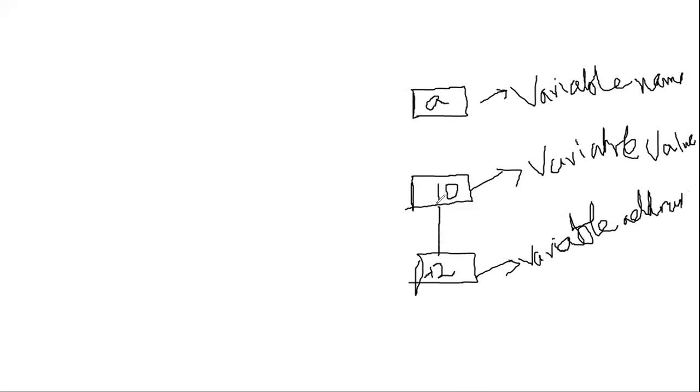In this address, the value can be stored, and the value is named A. So this is the variable address, this is the variable value, and this one is the variable name. In this way, inside the internal memory, the variable representation is like this. This is the variable representation for a pointer.